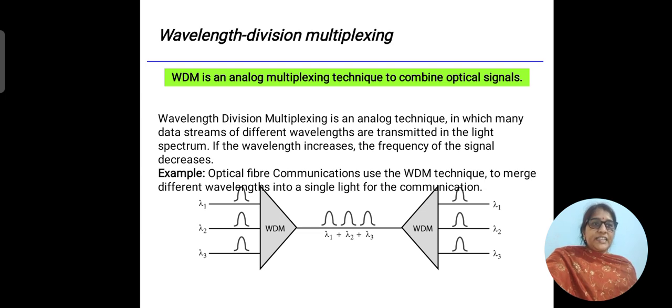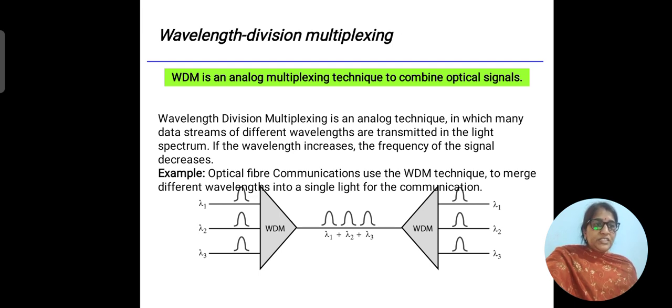If the wavelength increases, the frequency of the signal decreases. So as shown in the example, optical fiber communication uses the WDM technique to merge different wavelengths into a single light for communication.